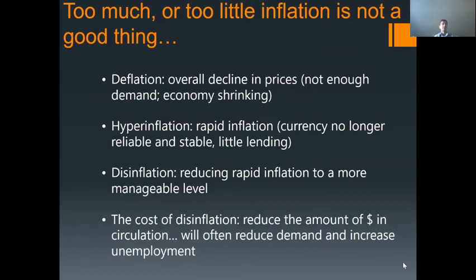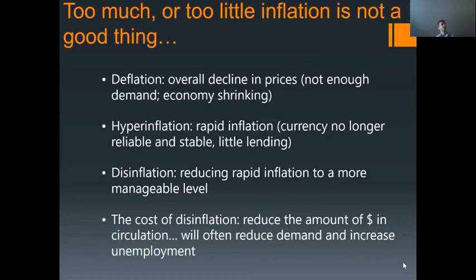Hyperinflation is the opposite. It is essentially saying you have way too rapid inflation. Your currency is no longer reliable. It's not stable. So if I go to buy a shirt today and it is $35, if I go in a month from now, it might be $55. Well, that's not going to work because my paycheck hasn't changed enough.